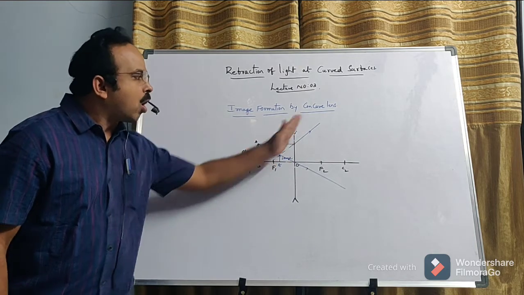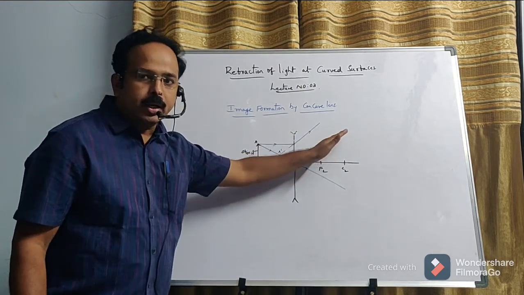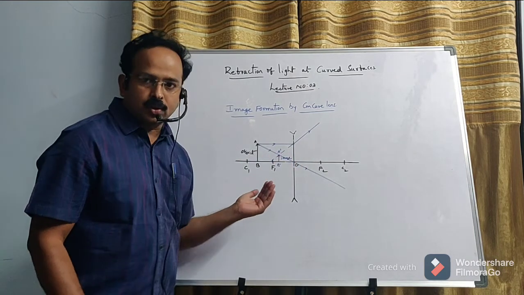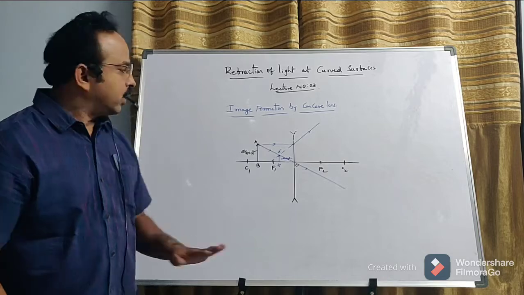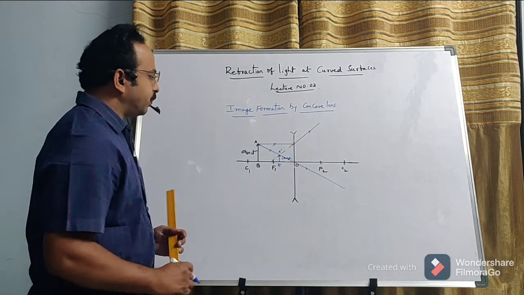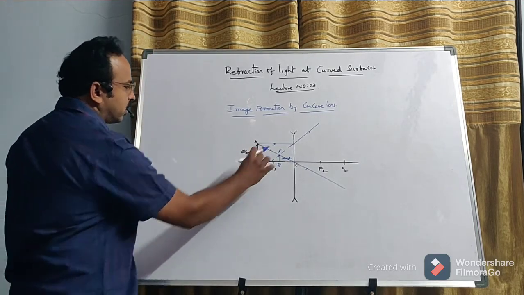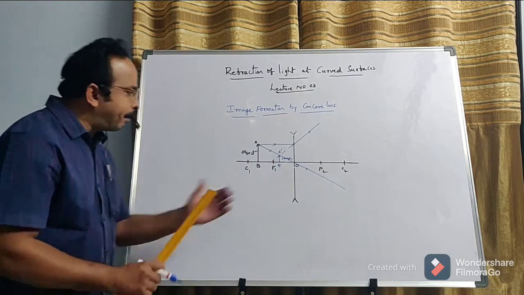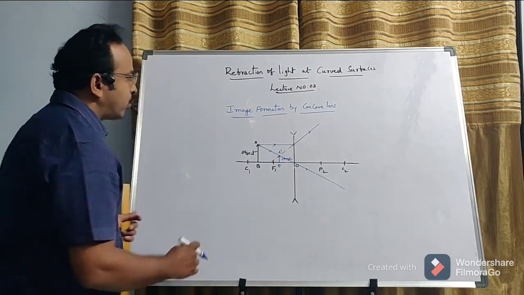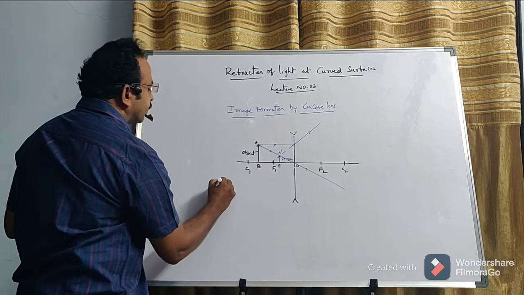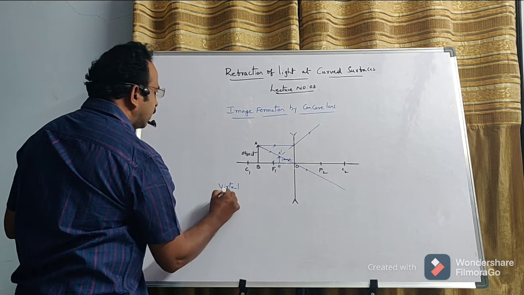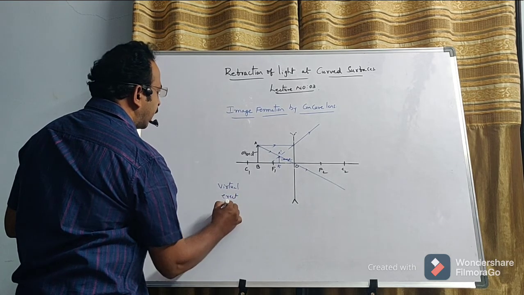The image is formed not on the other side of the lens, but before the lens. This image is very small. So the characteristics of the image are virtual, erect and diminished.